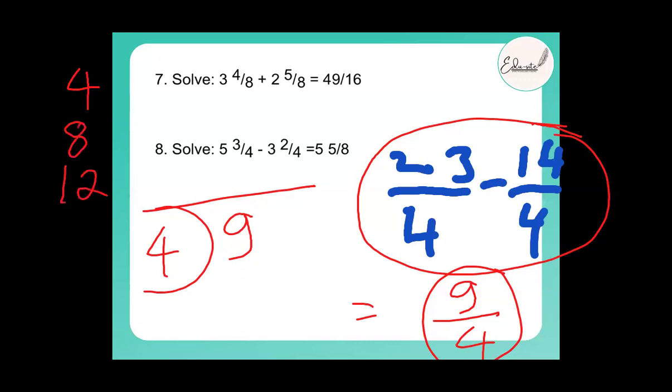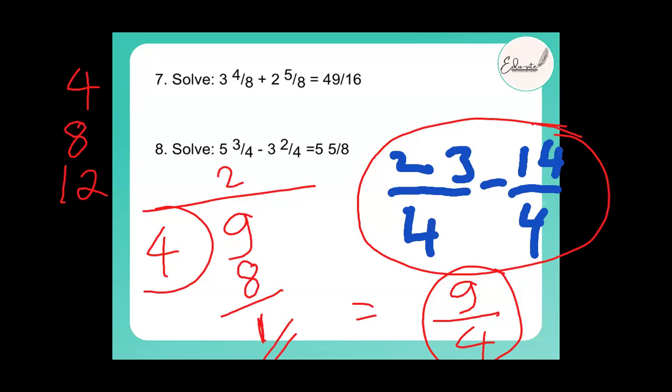So 4 times 2 is 8. What is the remainder, Anis? 1 is the remainder, right? So what is the final answer to this question, Anis? The final answer is 2 whole 1 over 4.